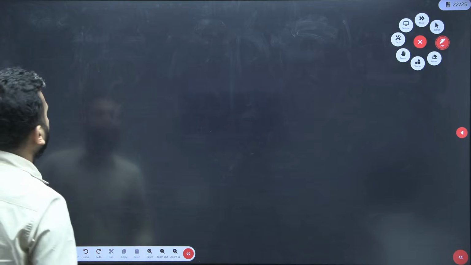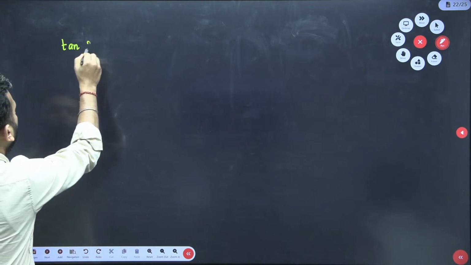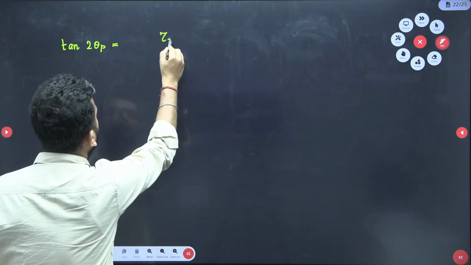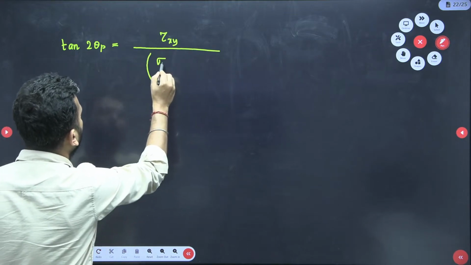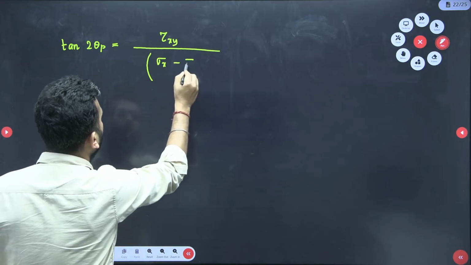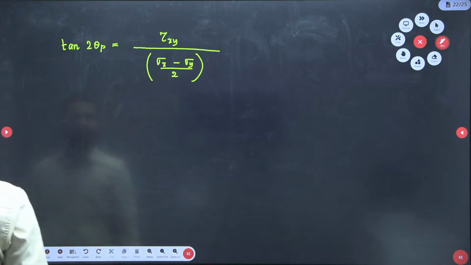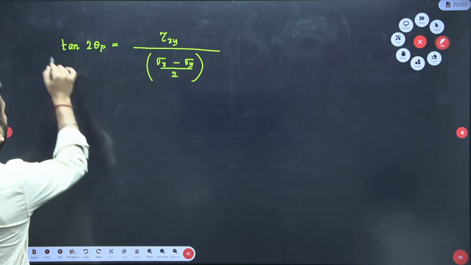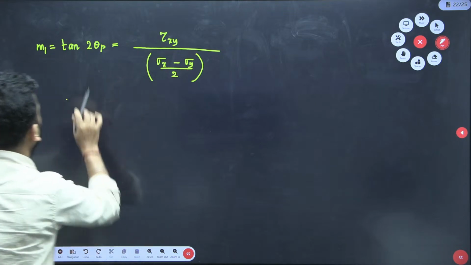Now let us find some observations. If I ask you what was tan 2 theta p, you will be saying that sir, it is tau xy by sigma x minus sigma y by 2. Okay. So let this be m1, because tan theta is nothing but slope.